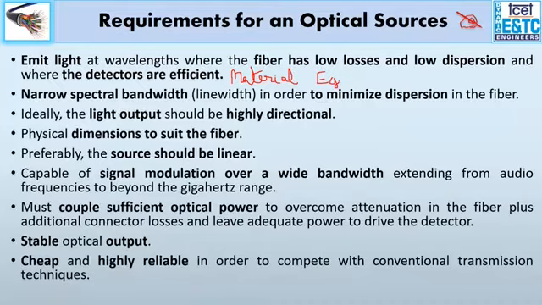So we can do our calculations and find out the right material to use as an optical source for a particular wavelength. In fact, you will come across the term band gap engineering when you are reading this chapter.